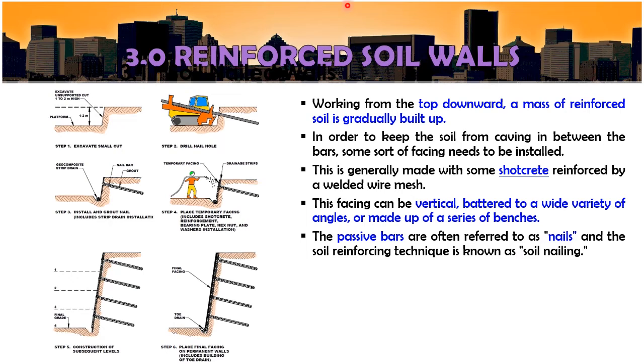This is generally made with some shotcrete reinforced by a welded wire mesh. This facing can be vertical, battered to a wide variety of angles, or made up of series of benches. The passive bars are often referred to as nails, and the soil reinforcing technique is known as soil nailing.